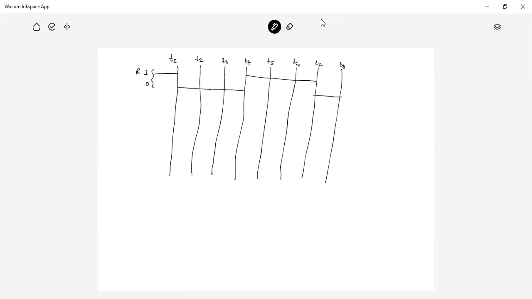So this is the input R, and for the input S, this is 0 state up to T2, and then T2 to T3 it is 1 state, and then T5, and then from T6 to T8.